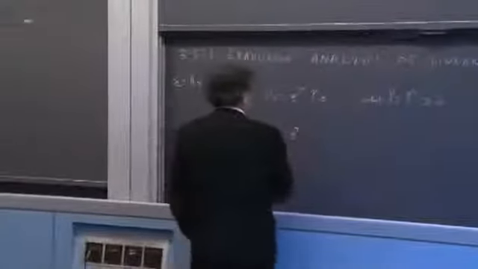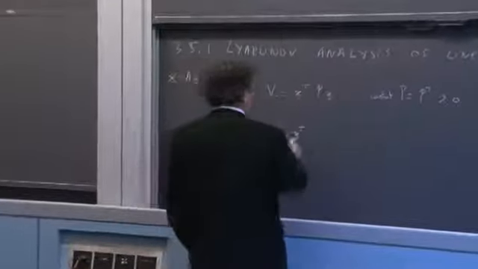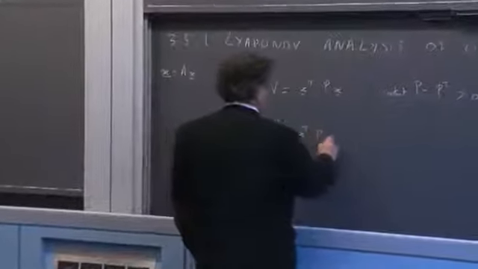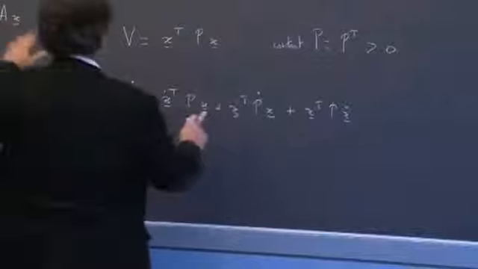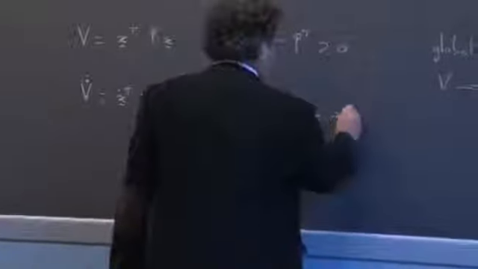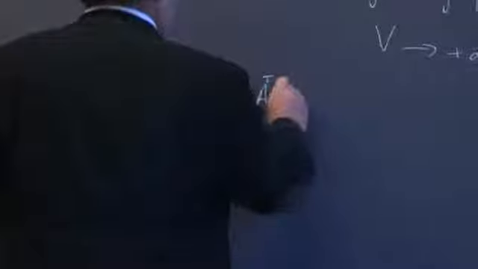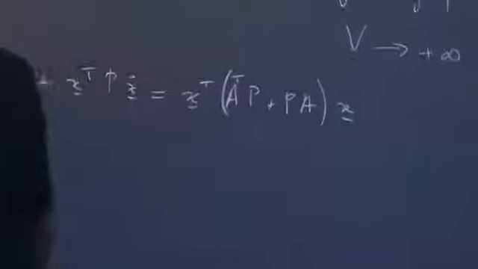Now, if we look at V dot, we find, as we did last time, three terms: x dot transpose Px plus x transpose P dot x plus x transpose P x dot. P dot, of course, is 0 because P is constant, and x dot is equal to Ax, that's the dynamics. So we find that this gives us x transpose (A transpose P plus PA) x.